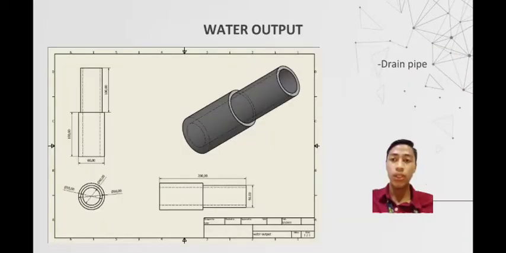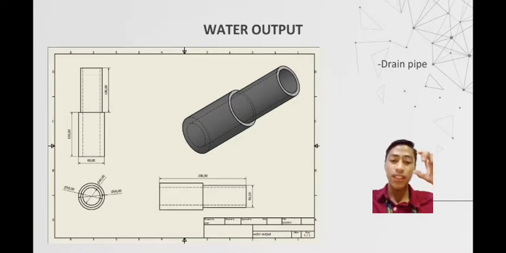For water output, the diameter of the small holes is 50,000 in mm, and the back diameter is 60,000, and it has a 200,000 length if combined.